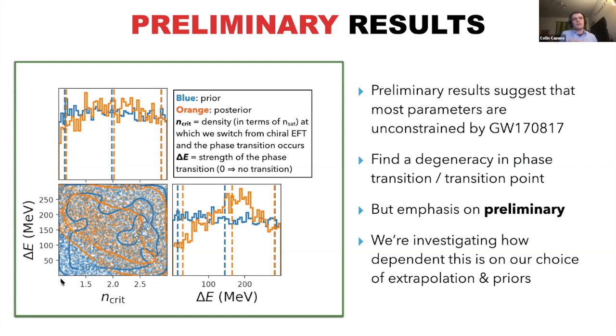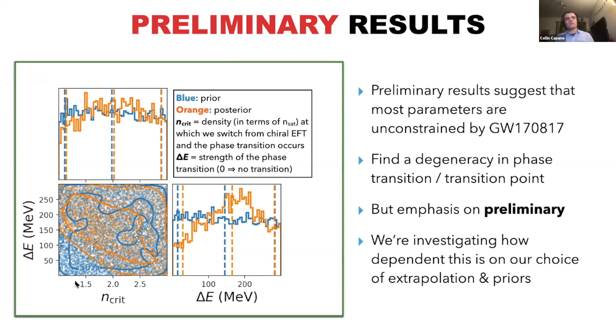So we have this set of equations of state that we're trying, and we're seeing whether the data supports a phase transition. Basically, the preliminary results seem to be that if you switch from a nuclear description of matter at anything below twice nuclear density, you need to introduce a first order phase transition to be consistent with the data.